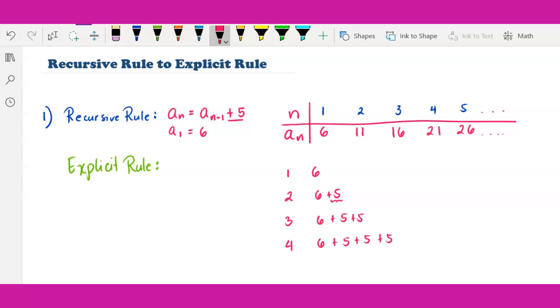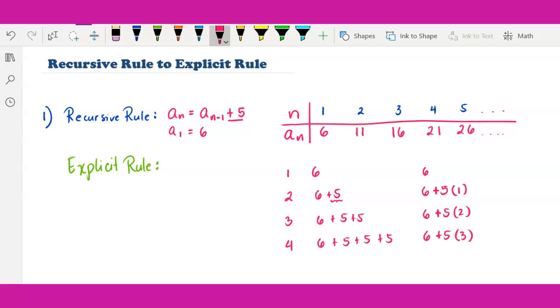So we can rewrite these terms: you start with 6, then 6 plus 5 times 1, then 6 plus 5 times 2, and then 6 plus 5 times 3.